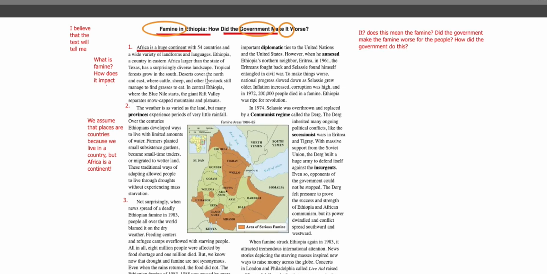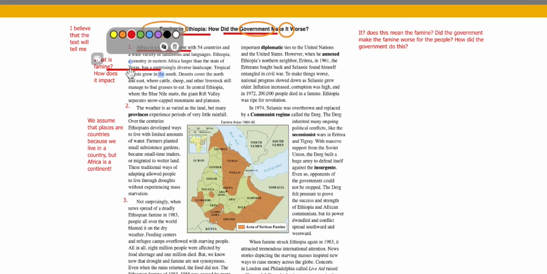Now, the reason that stood out to me is because earlier it says that there are a variety of landforms. Okay. So up here it says a wide variety of landforms.